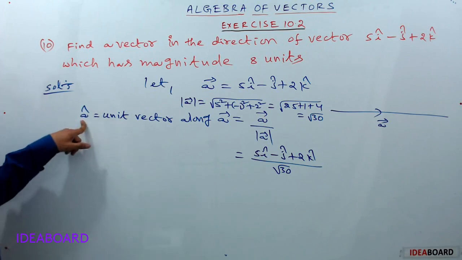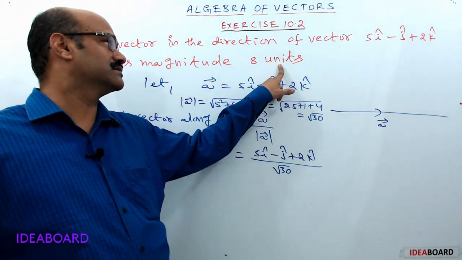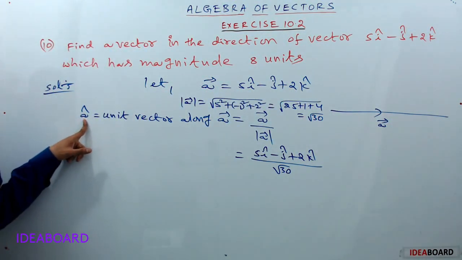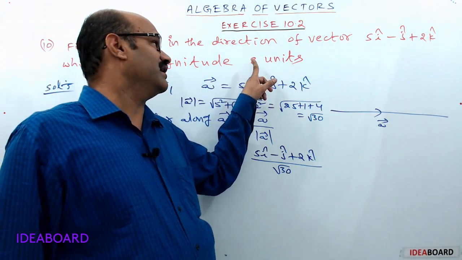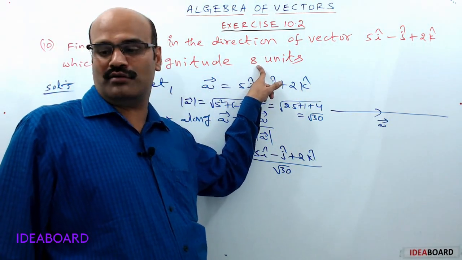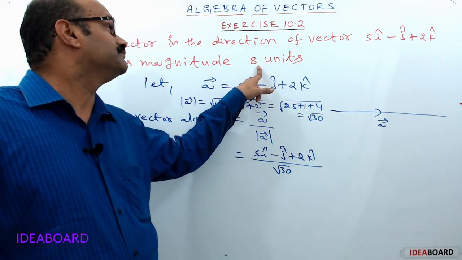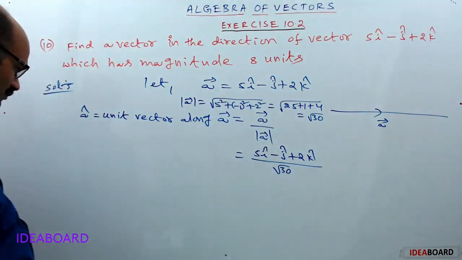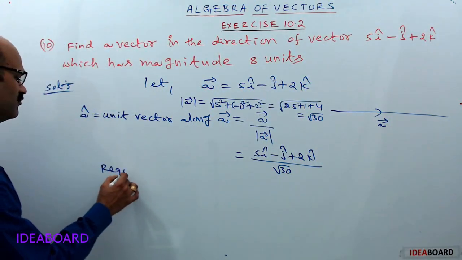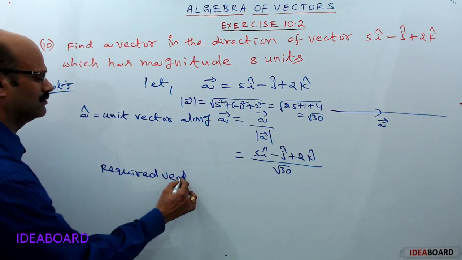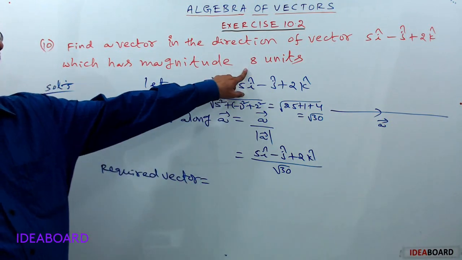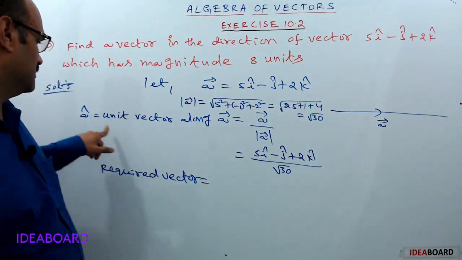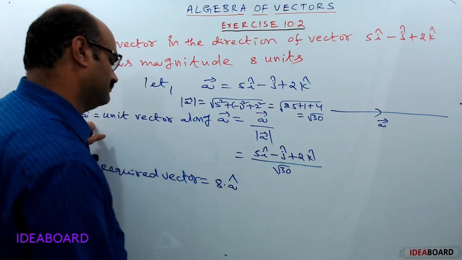Now we have to find a vector which has magnitude 8 units. So modulus of A cap equal to 1. Now we have to find 8 into A cap, and 8 into 1 equal to 8. So to find a vector of magnitude 8 units in the direction of the given vector A, we take the required vector equal to 8 into A cap.